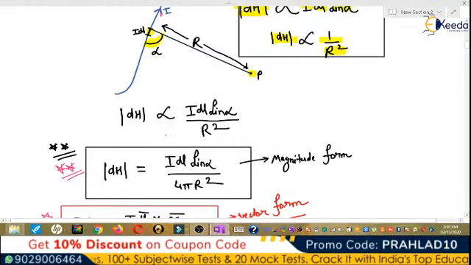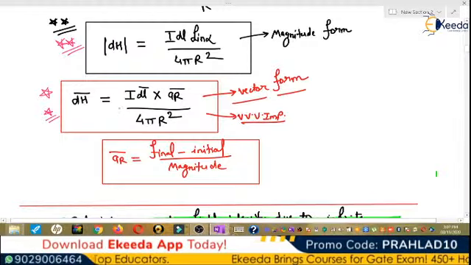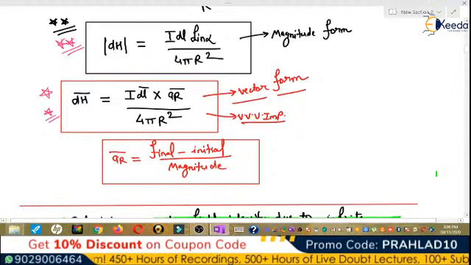When we remove the proportionality, the constant is 1 over 4 pi. Then mod of dH is IDL sine alpha by 4 pi r square. This is the magnitude form of the Biot-Savart law, and the vector form is IDL vector cross aR vector by 4 pi r square, where aR vector is final minus initial by magnitude.